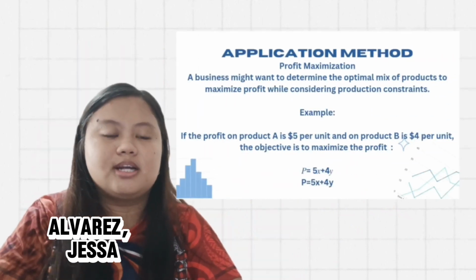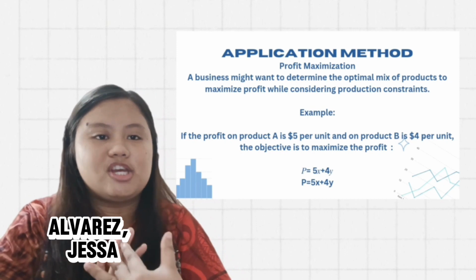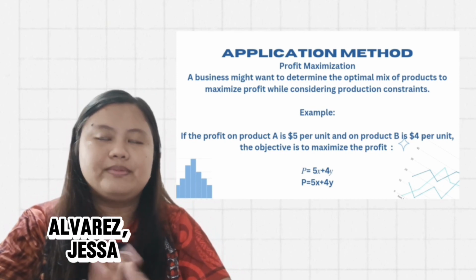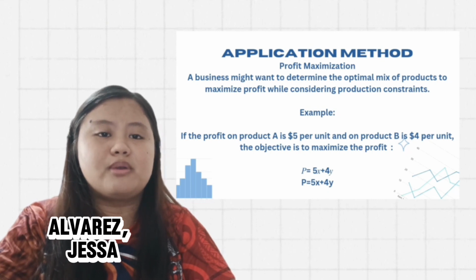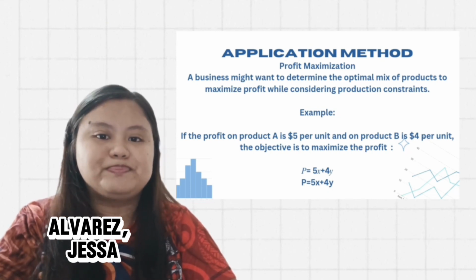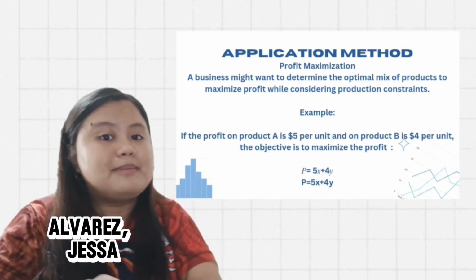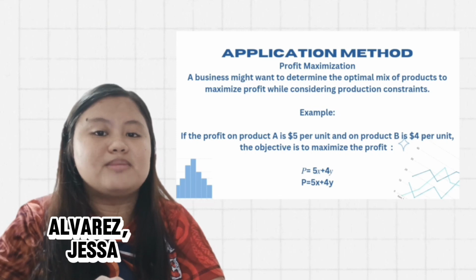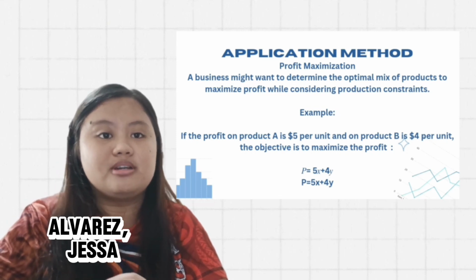Real-world examples are applications of systems of linear inequalities. Let's say, for example, profit maximization. A business might want to determine the optimal mix of products to maximize profit while considering production constraints.